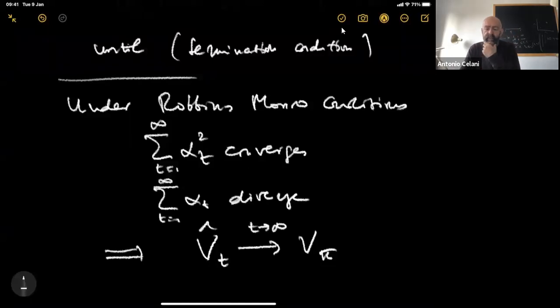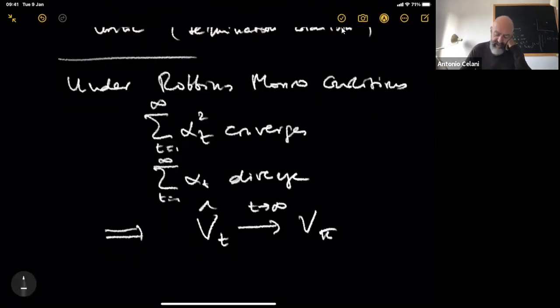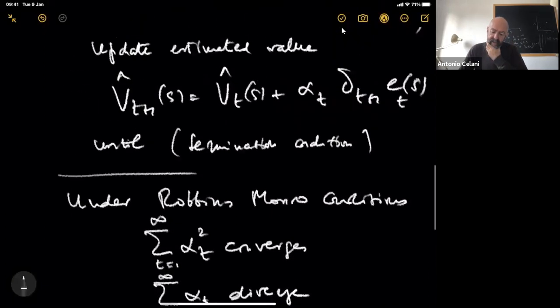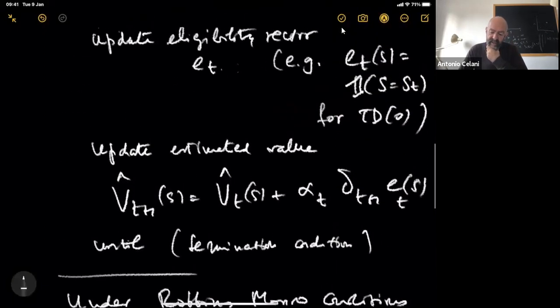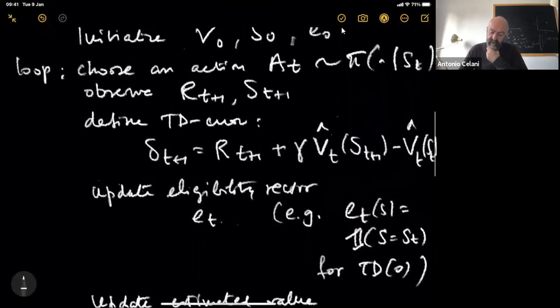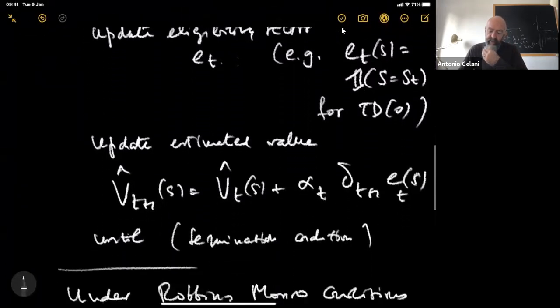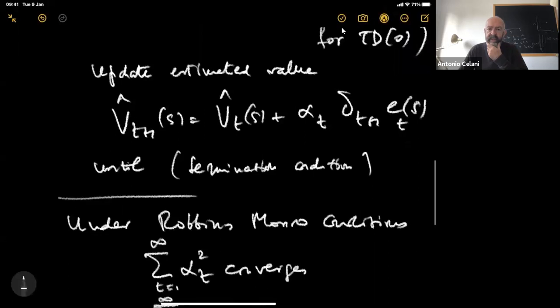And the convergence rate depends on the choice of the learning rates, in a way that we don't discuss, but it's not particularly complex or informative at this stage. Okay, so this is in a nutshell what the idea of temporal difference learning is.